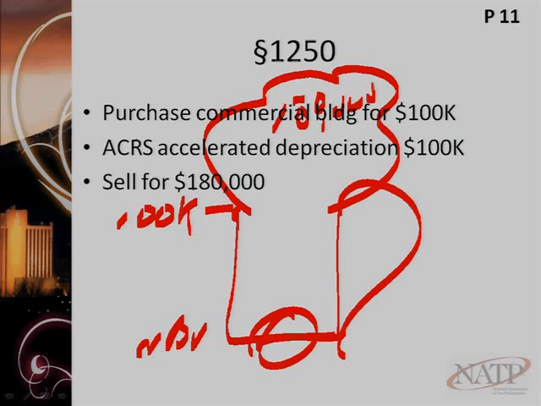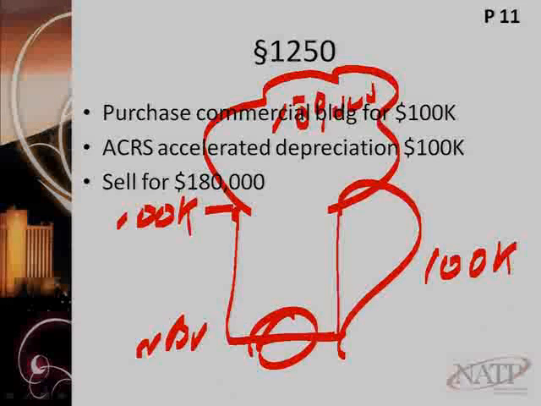What's the answer? $100,000 is 1250 recapture, ordinary, because it's a commercial building during ACRS, and we've got an $80,000 net 1231 gain.